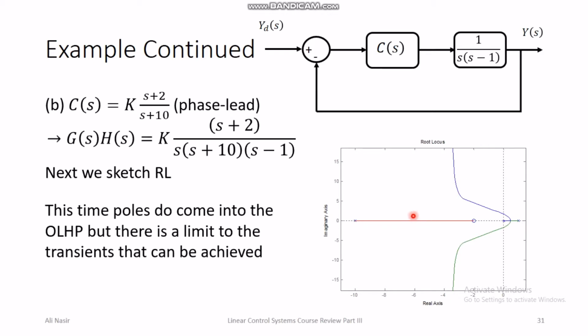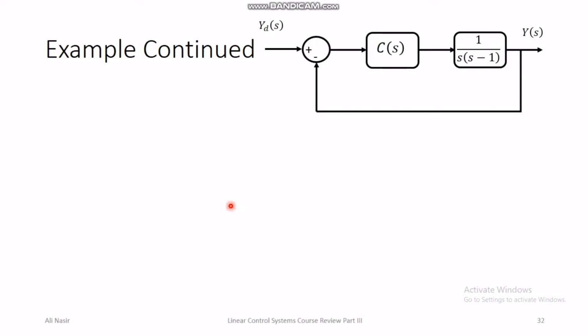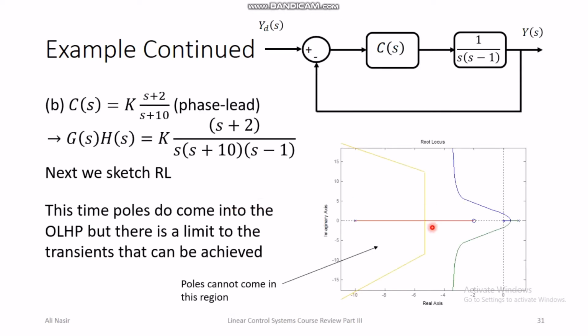The imaginary part contributes to the overshoot. If we have this type of admissible pole location region and want the poles to come into this region, it is impossible using this controller. We have analyzed this using root locus.